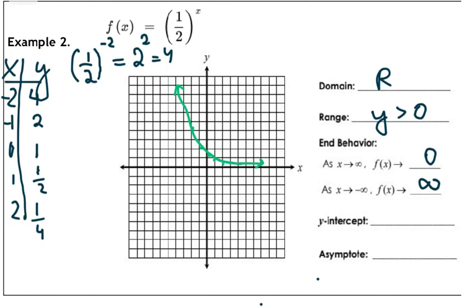Now, the y-intercept is at 0, 1, and for the asymptote, we know that the graph is approaching the y equals 0 line. Now try to compare example 1 and 2 and answer the questions that you have in your notes as we move on to example 3.